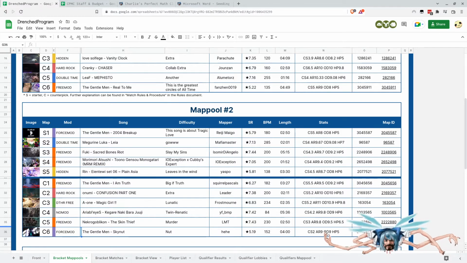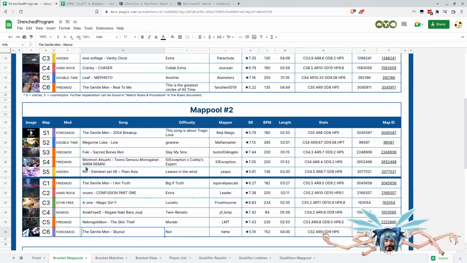The only other quote-unquote tech map in this pool would be Tono Genso Monogatari, which isn't, it's more of an aim, speed, stamina kind of map with some weird tech elements. It's a weird map, right? So if you want that more slider stuff, you would need a map like Skynet.